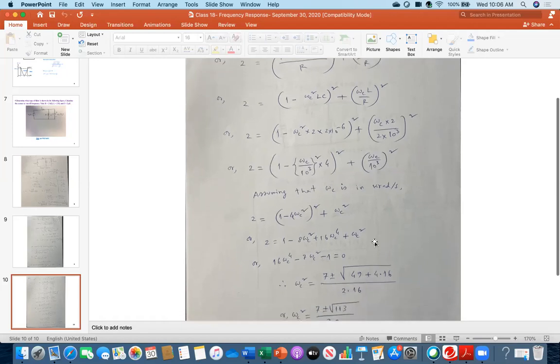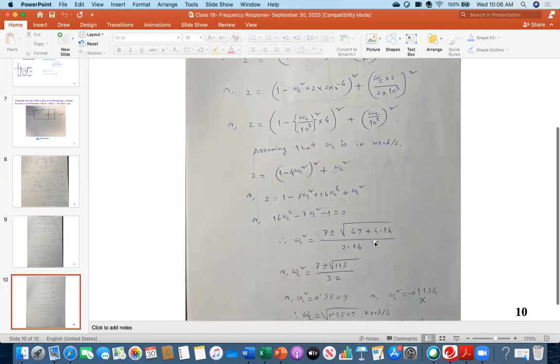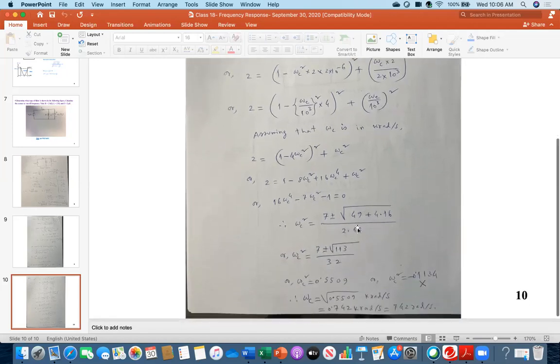And then finally, can you remember which equation I used? The quadratic equation, x equals minus b plus or minus root of b squared minus 4ac over 2a. Everybody, do you understand what I'm saying?